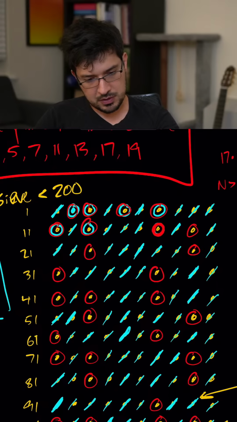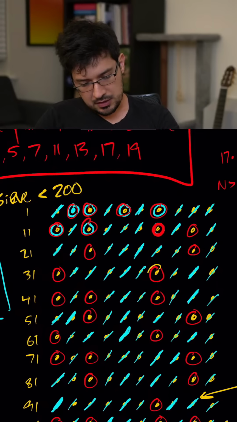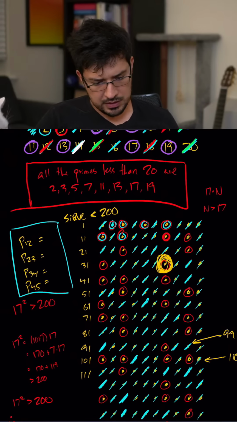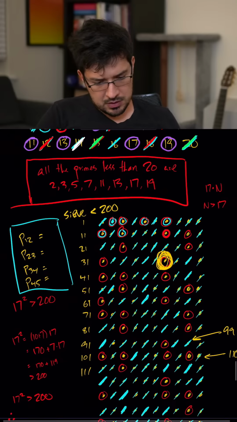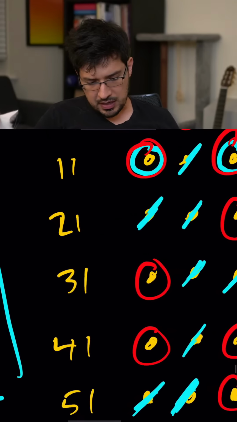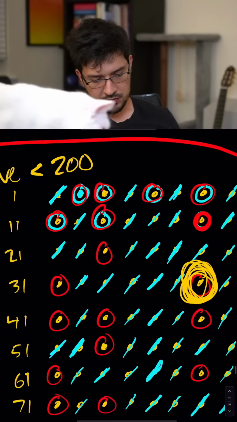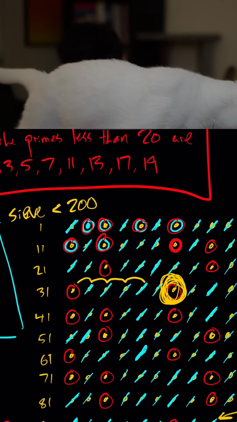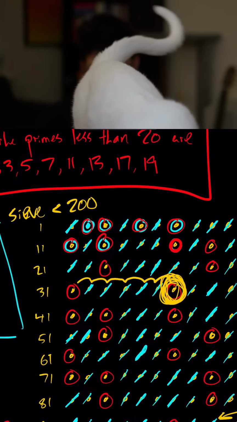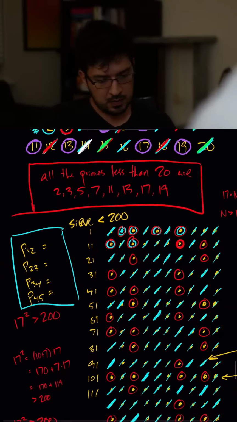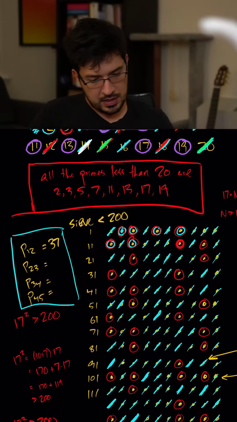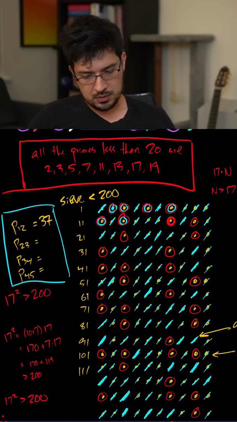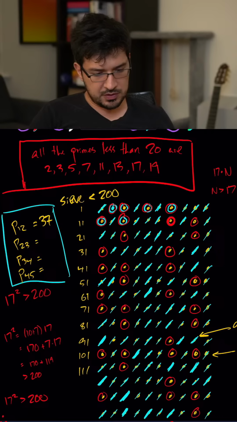The 12th circled number is going to be this one right here. I know that this first dot means 31. So 31, 32, 33, 34, 35, 36, 37. This one is 37. Cool. That's the 12th prime.